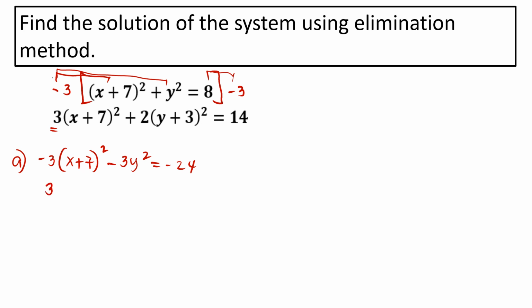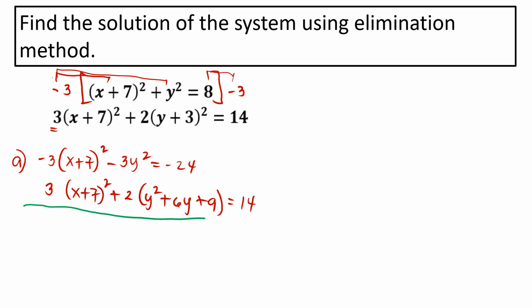So we're writing the second equation. We have plus the 2, but the y plus 3 to the power of 2 will be expanded. So that will be 6y plus 9, is equal to positive 14. Since we were able to adjust the x into different signs with the same constant, we can now apply vertical addition. In this way, we can cancel or eliminate the x. So the remaining terms will be added. The negative 3y squared will be brought down, and then the 2 will be distributed.